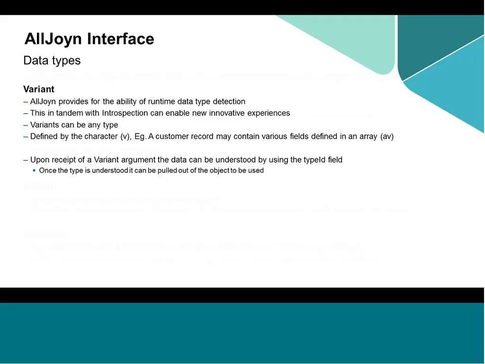So in this example here, I have just an array of variants. And these variants are understood on the other side by the type ID when you pull it out, and you interpret this in your application. You see that you have a variant value, and you ask it, what are you? And you get that type, and then you can assign that internally and either render it on some UI as a string field for input, or an integer, or however you choose in your application.